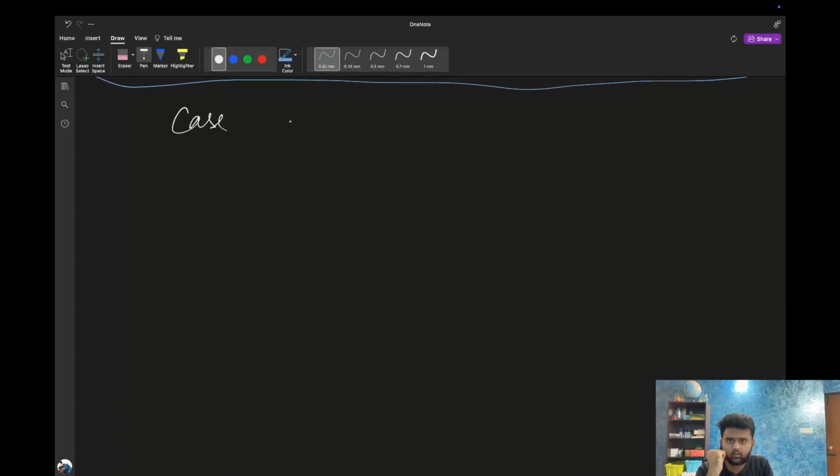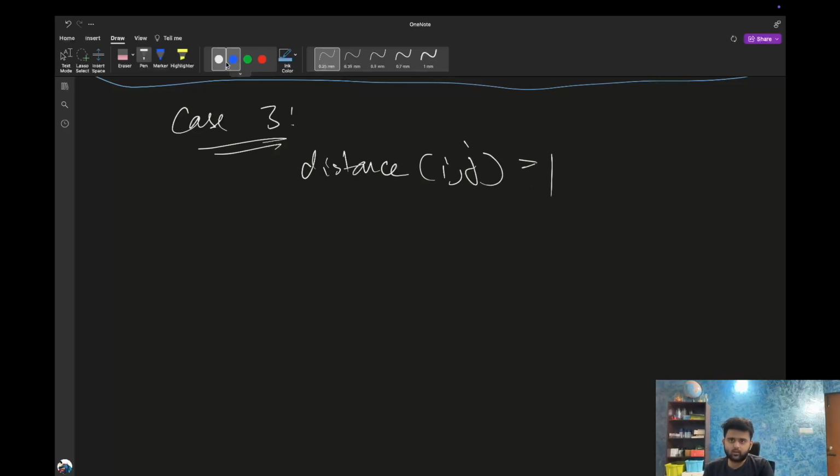Now case 3, distance of I j equals 1. In this case, since both are leaves, we know both are alive, since you can't be a leaf when you're dead, since those dead vertices don't participate in the final arrangement, and we only count leaves in the final arrangement.